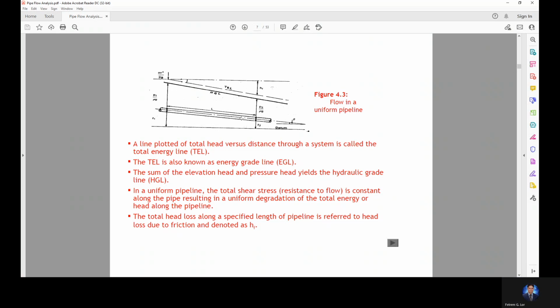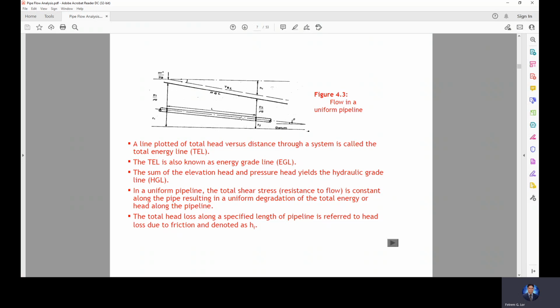So we know that there's a certain friction occurring between the fluid and the inner walls of our pipe, because there's a relative velocity between the flowing liquid and the wall of our pipe. So it creates a resistance.